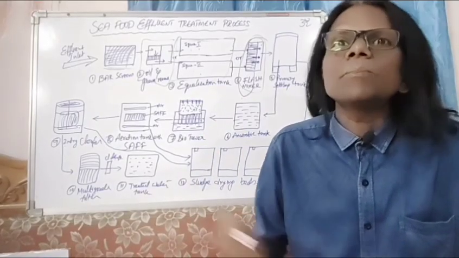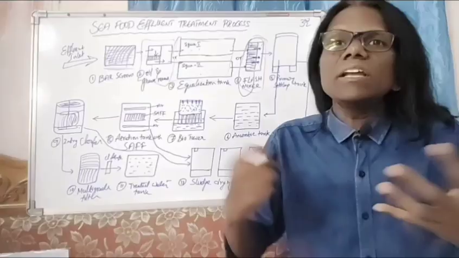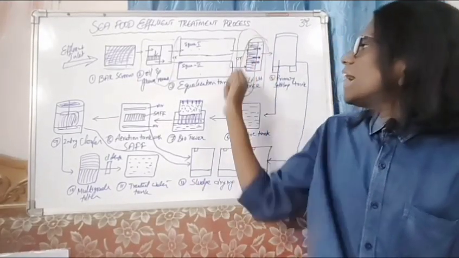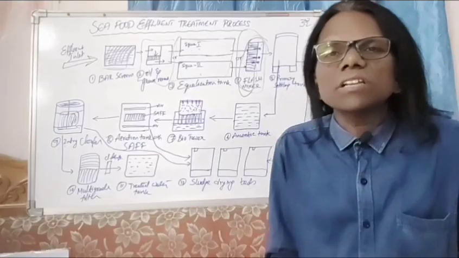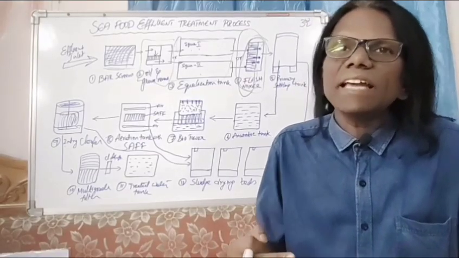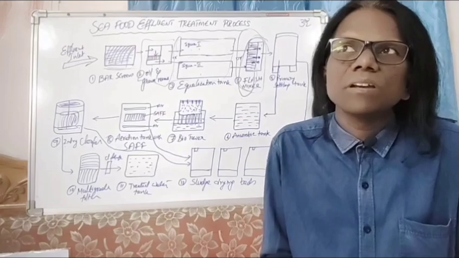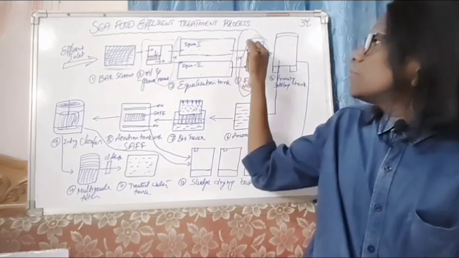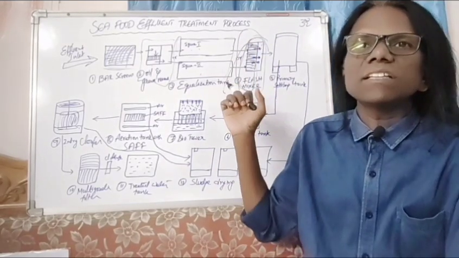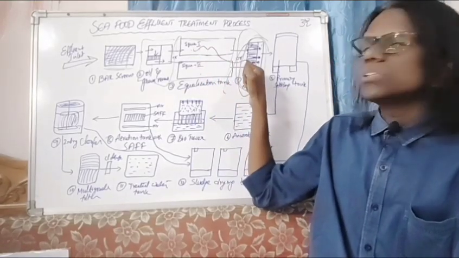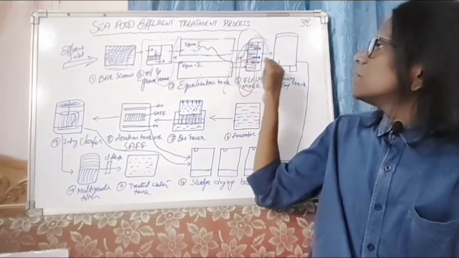And flocculants like polyelectrolytes can also be added in the flash mixer. This will enhance the formation of floatable solids on the surface. Here dosing nozzles and dosing pumps are there. Once the effluent goes from the equalization tank through the flash mixer, it goes to the primary clarifier.